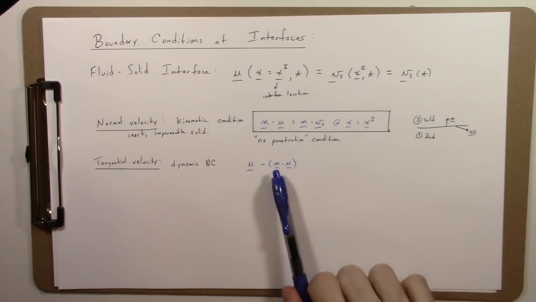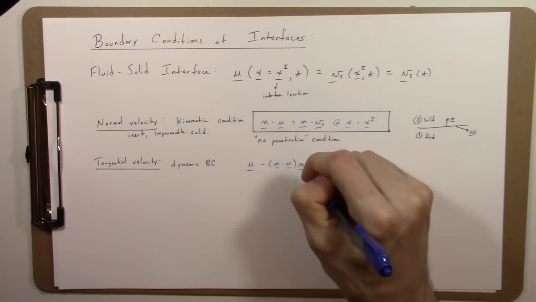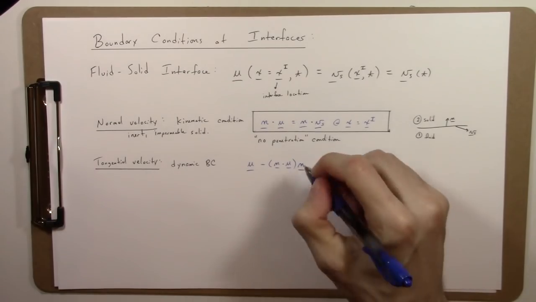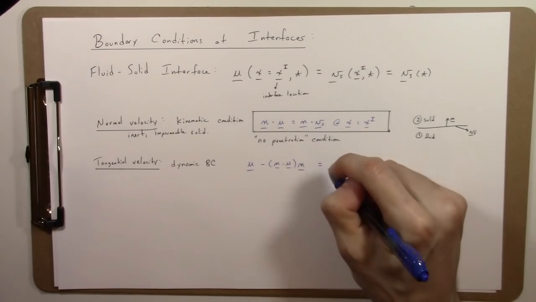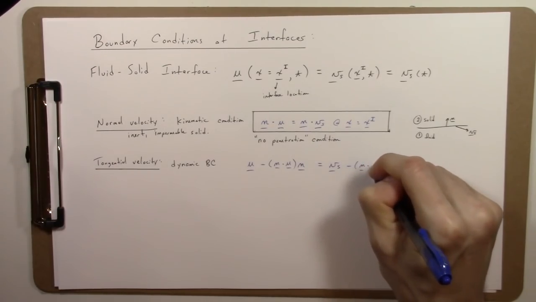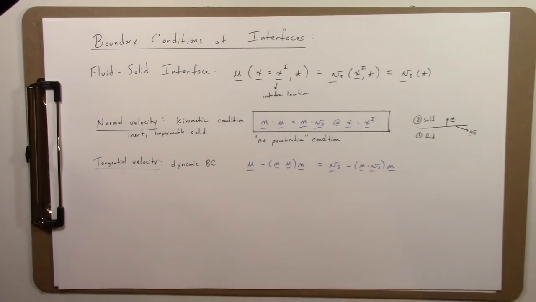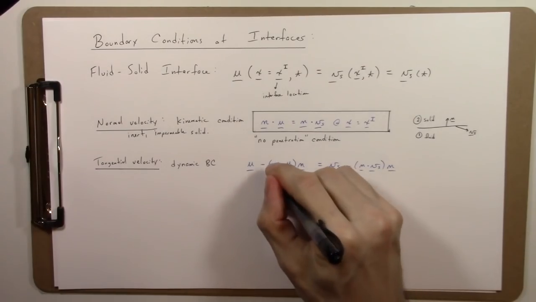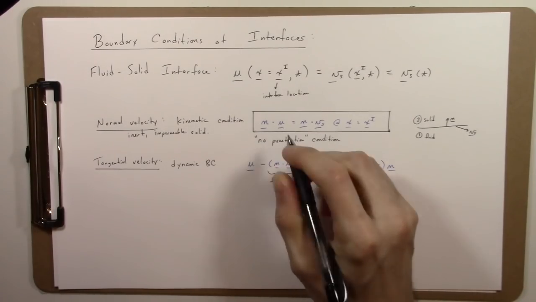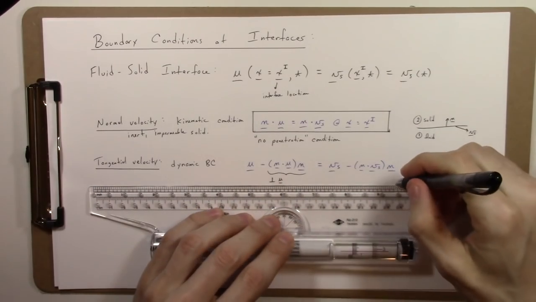The component we subtracted out, n dot u, is the normal component of velocity, a scalar. To make it a vector again, we multiply by n, the direction of the normal component. This is equal to vs minus n dot vs times n, where once again this part is the perpendicular component. So when we subtract out the perpendicular component of the velocity from the total velocity, we are left with the tangential component of the velocity.